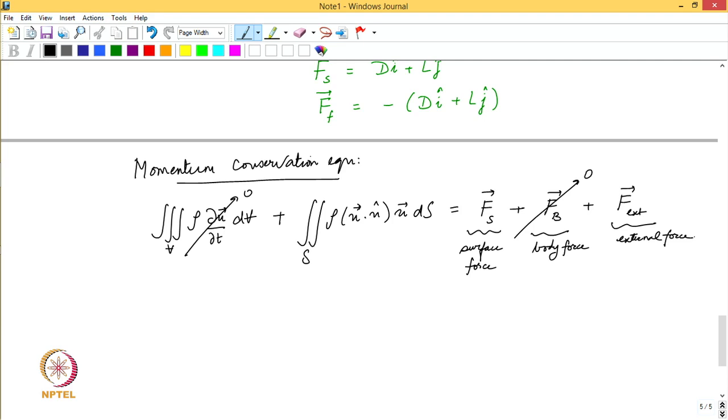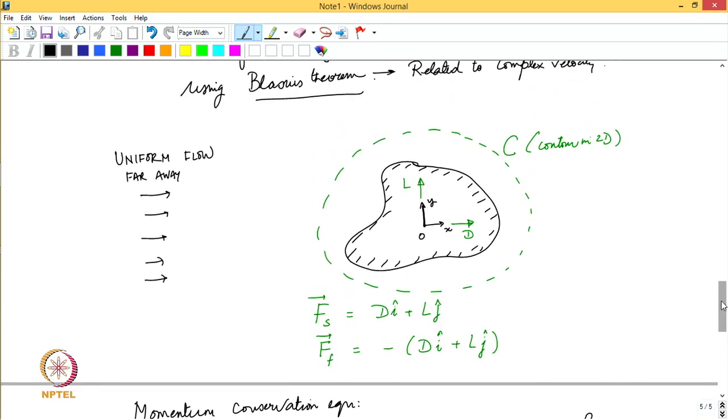Now, I did not say anything about the contour C as of now. Well, the contour C could be of any shape, any size, but I am also free to choose a control volume C that exactly matches with the shape of the solid. What I mean by that is that if I could shrink this control volume down to match the shape of the solid in the limiting case, that should also be valid, right. I can shrink C down to match the solid shape.